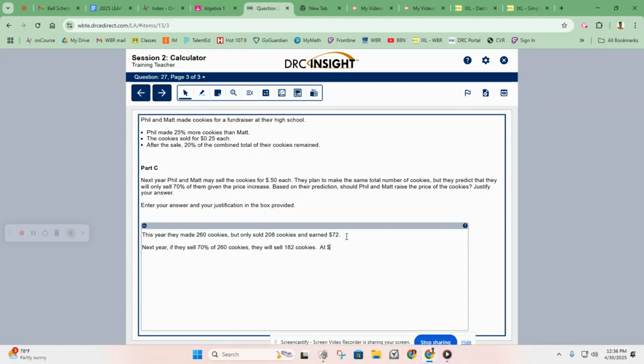At 50 cents a piece, they will earn $91. So is this a correct assumption?